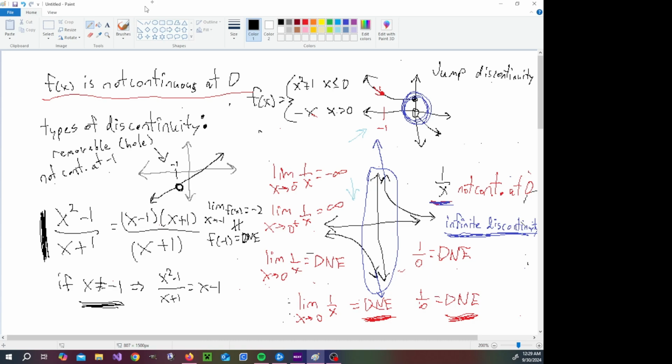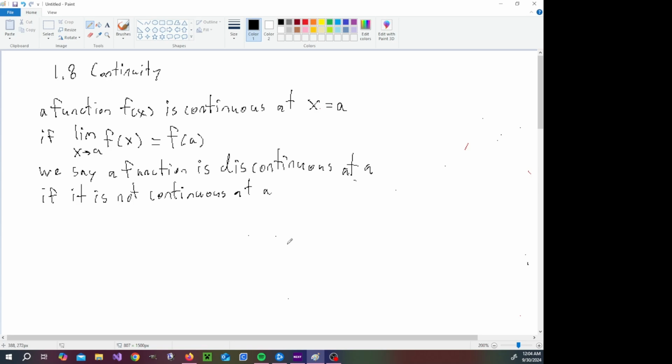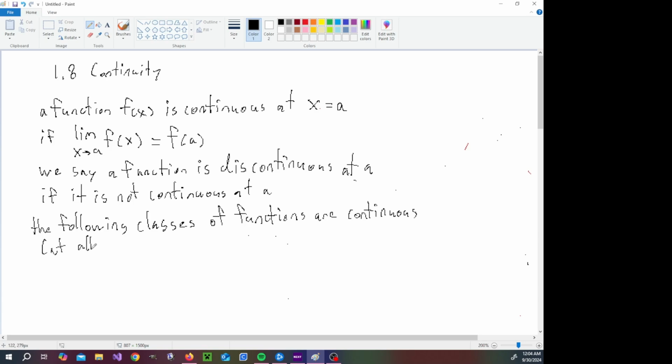Okay, the following classes of functions are continuous at all values in their domain.